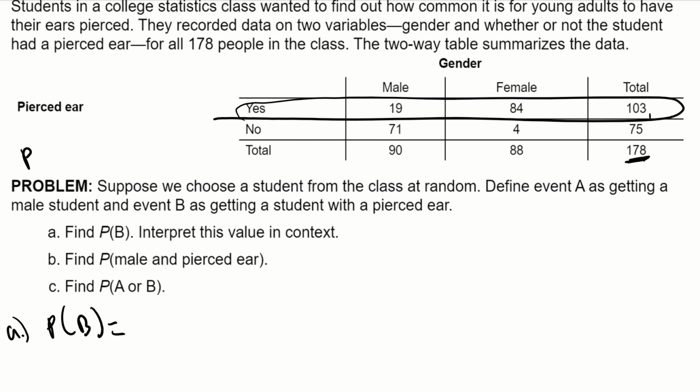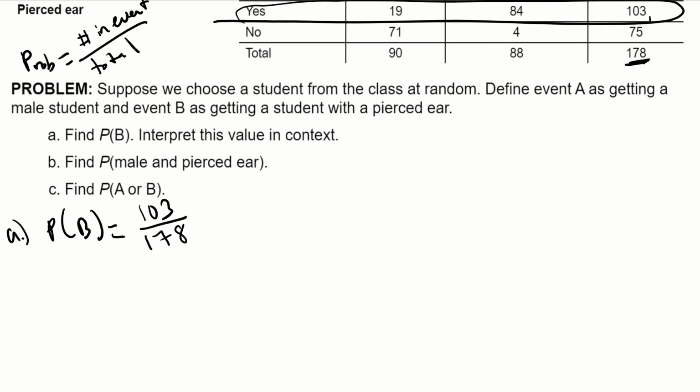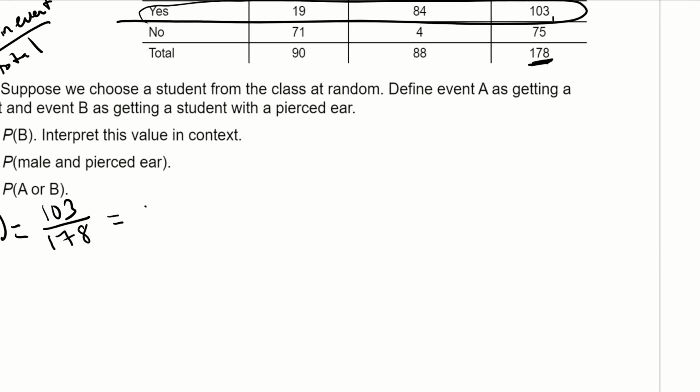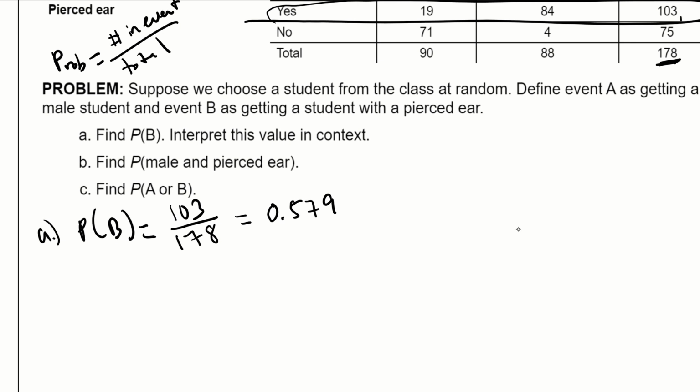Okay, so again, to calculate this probability, we take in this case the number in the event over the total. Okay, that's how we'll be able to calculate this. All right, so we got 103 young adults with pierced ears over 178 in our total sample, and then that's our probability. Go ahead and compute that as a decimal. So that's 0.579. Again, we're going to round to 3 decimals there.